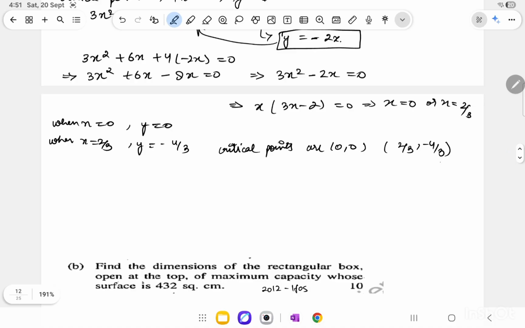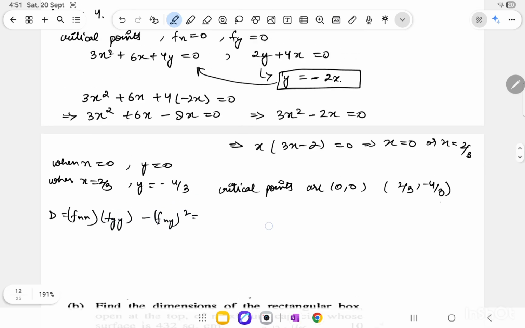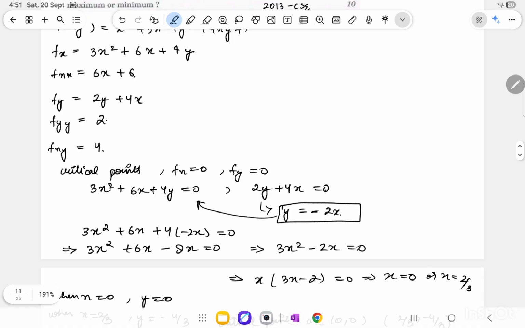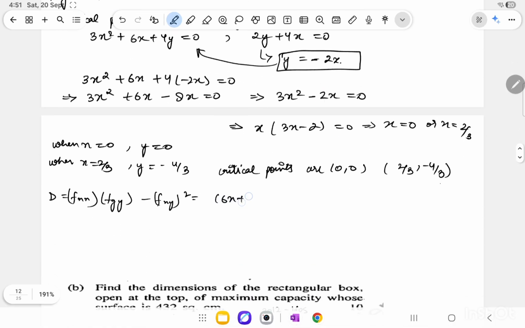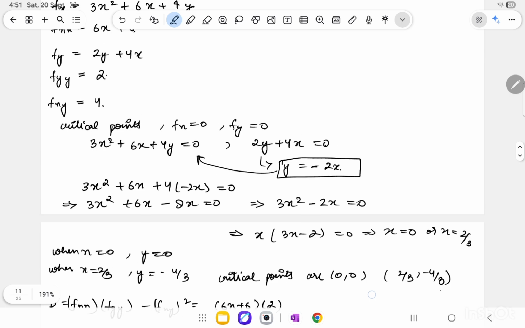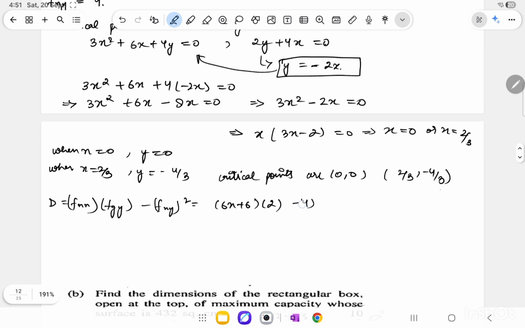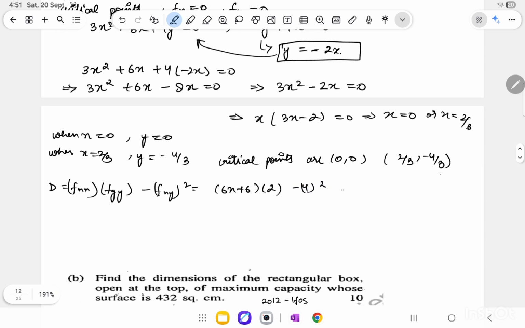So let's check basically the sign of D, that is fxx into fyy minus fxy square, at these 2 points. So my fxx is basically 6x plus 6, into 2, minus 4 square, and I can take 4 common, so I'll be getting 3x plus 3 minus 4, that is 4 into (3x minus 1).